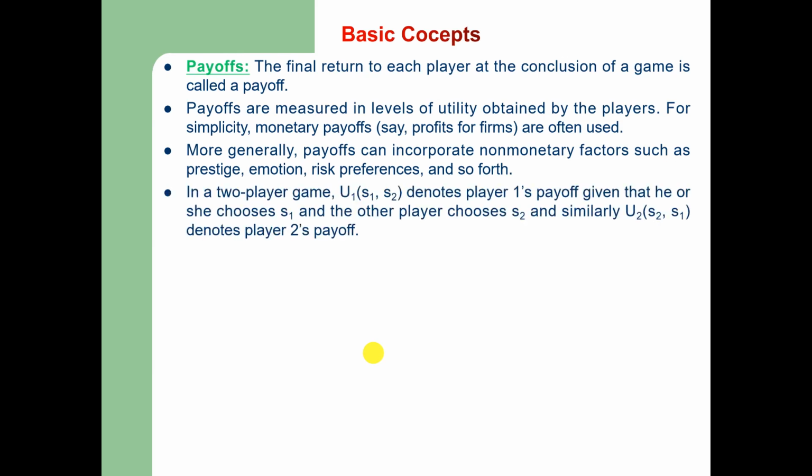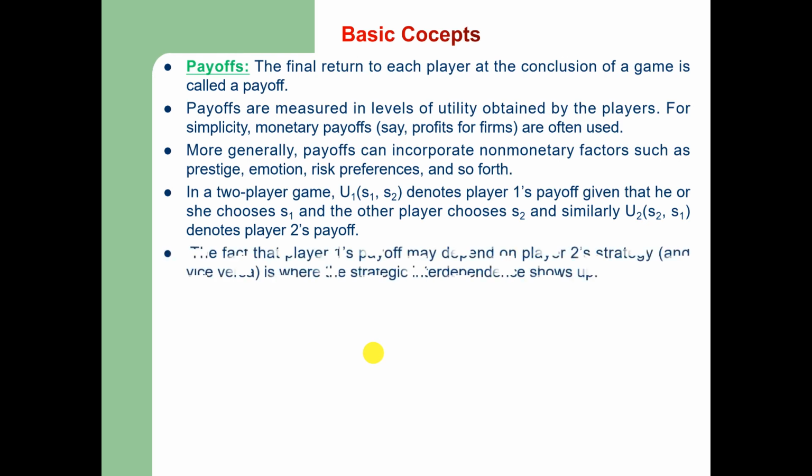In a two-player game, U1(s1, s2) denotes player 1's payoff given that he or she chooses s1 and the other player chooses s2, and similarly U2 shows the payoff or the level of utility of player 2 who takes a strategy s2 when player 1 takes strategy s1.